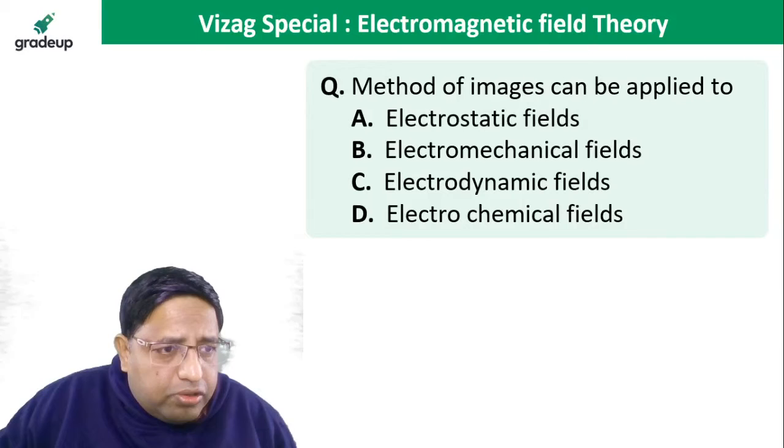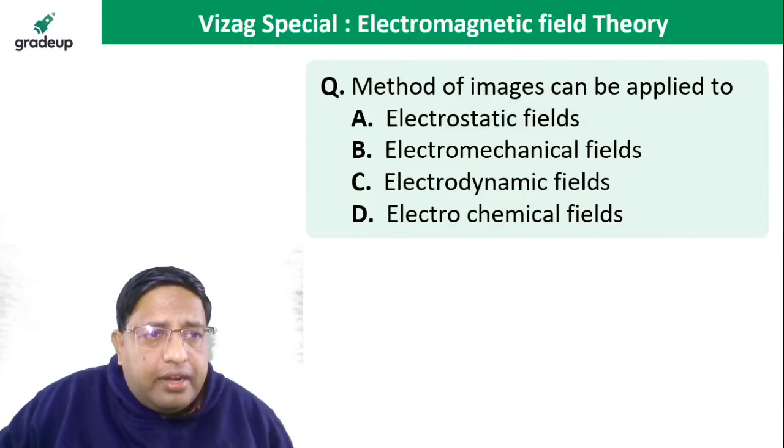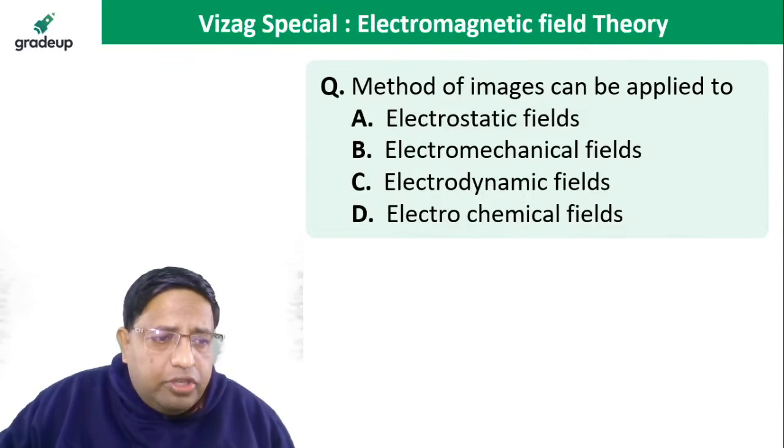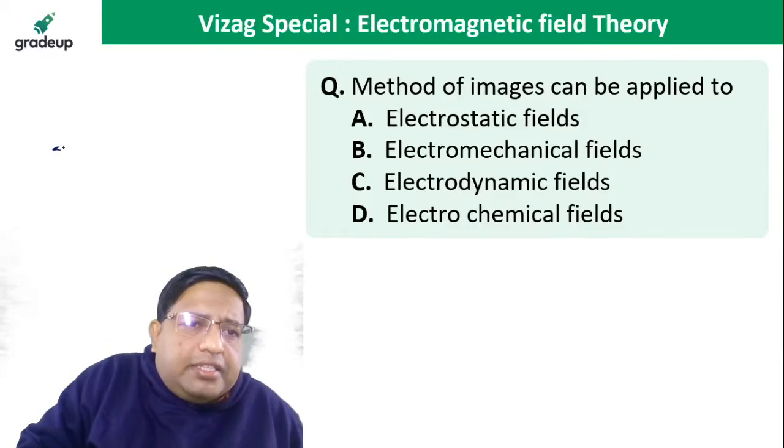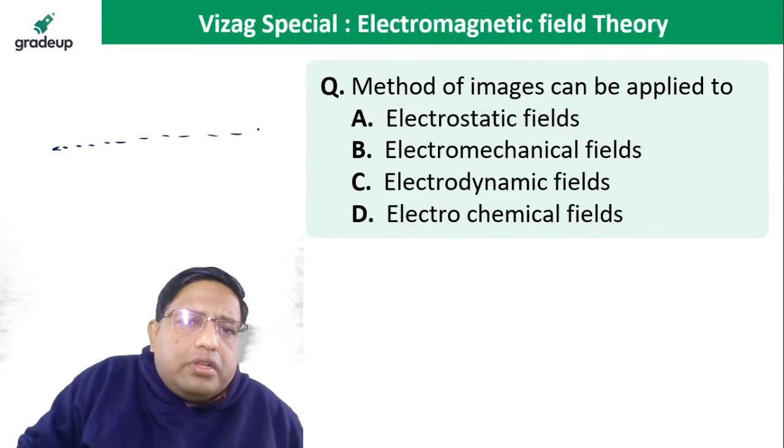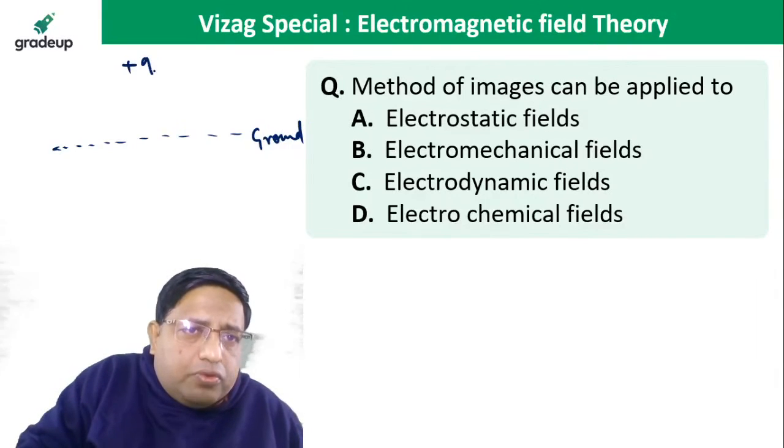Yes, Madala Murli also gave the correct answer to the previous question. Now try to answer this question. You already know what the method of images is. If it is ground and there is a charge plus q, you can assume a negative charge below the earth.